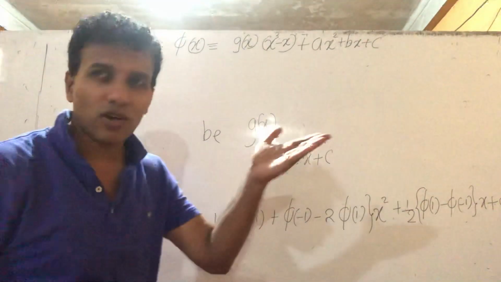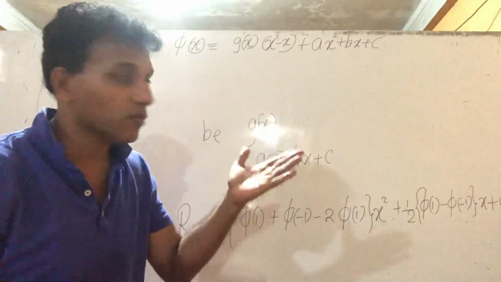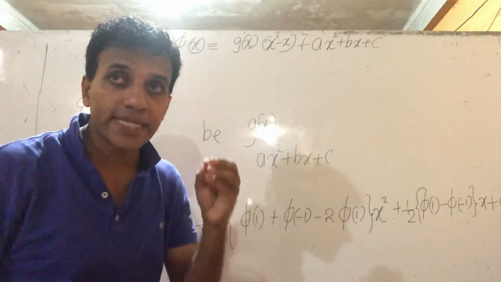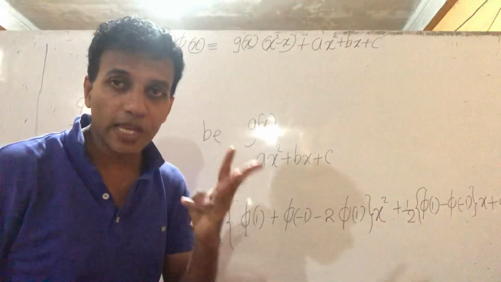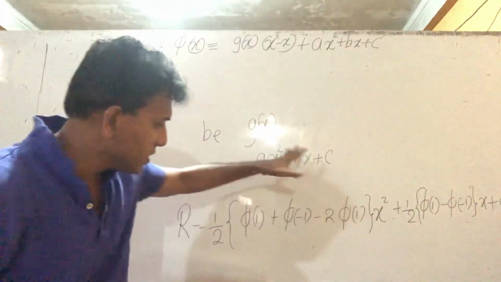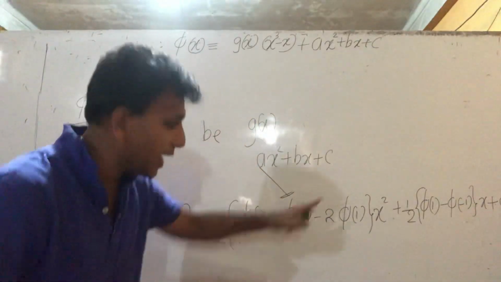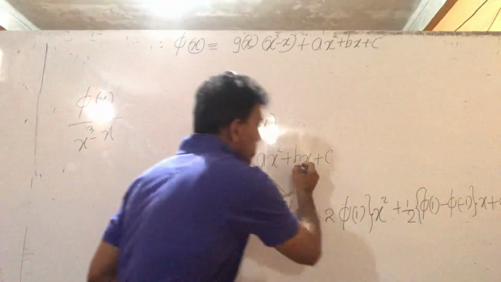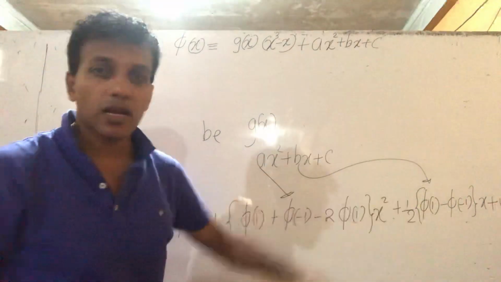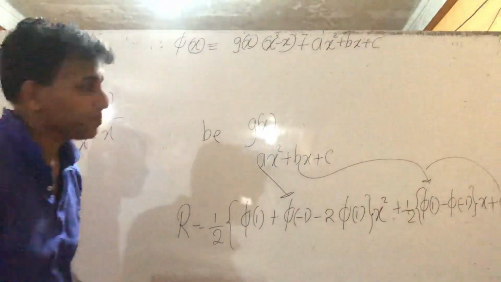If you see all the previous questions, we found constants a, b like that. Here you need the a value, b value and c value, so three equations are needed. This is a, the ax square. Next part is bx. Last part is c, that is phi of naught.